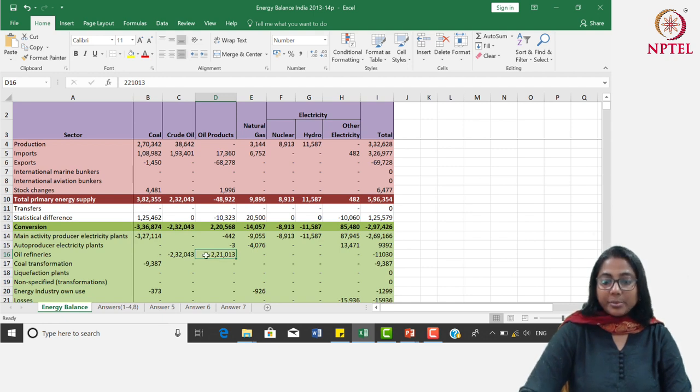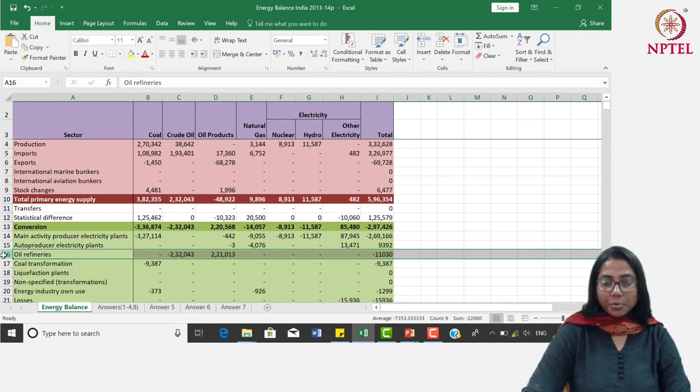Now, where is it being produced from? It's of course coming from the oil refineries. So this is the output of the oil refinery, which is the oil product. So what is the input fuel? If you look at the oil refineries, which component is included with a minus sign? Here you can see the minus sign comes with crude oil.